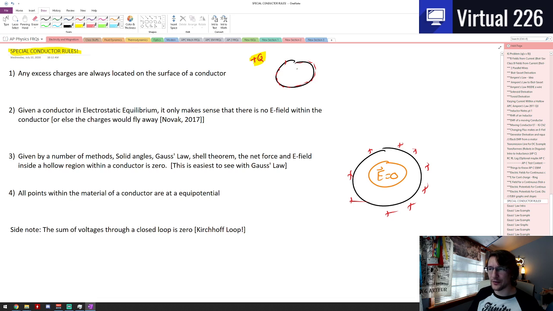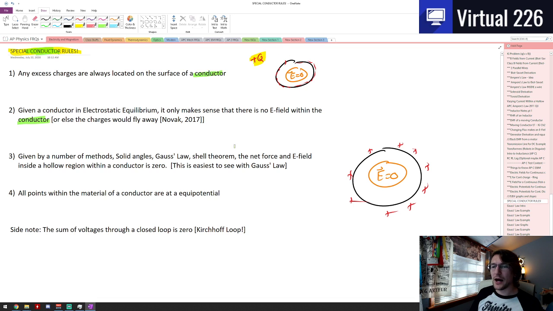And this is also why if we go up here, this E field also has to be 0 because there's no charges on the inside. You would have to have some other non-conducting object like an insulator to do that. But we are talking about conductors, and there's no E field on these conductors because the charges lie on the outside.